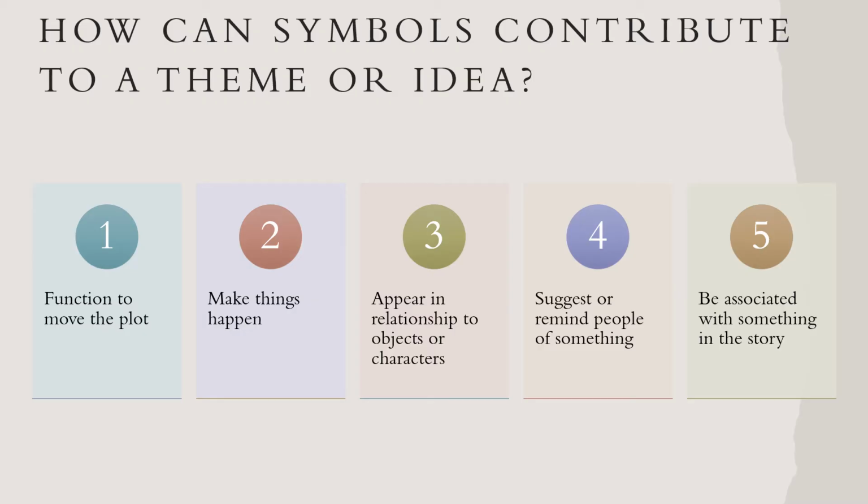Symbols can contribute to a theme or idea. How do they do that? They can function to move the plot along. They make things happen. They appear in relationship to objects or characters, and they draw attention to certain objects, characters, events. They suggest or remind people of something, and they're associated with something in the story. So there are a number of important symbols.